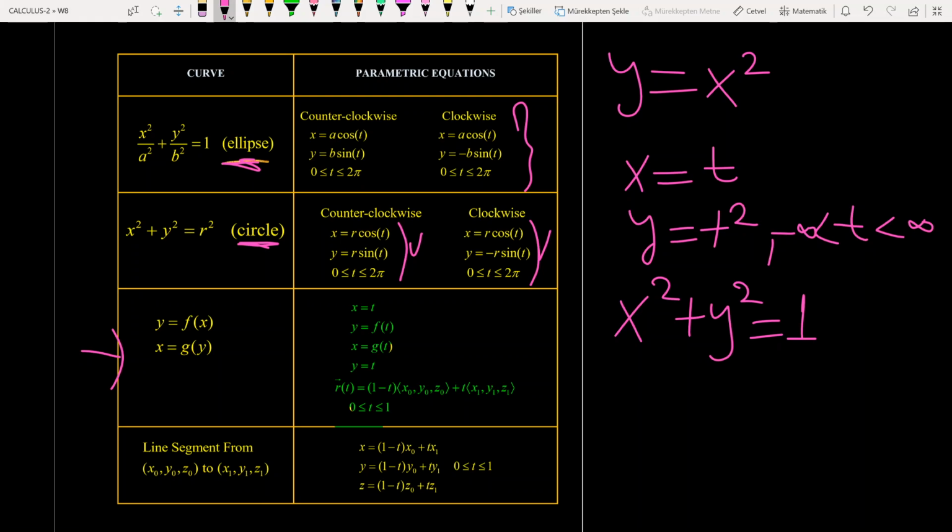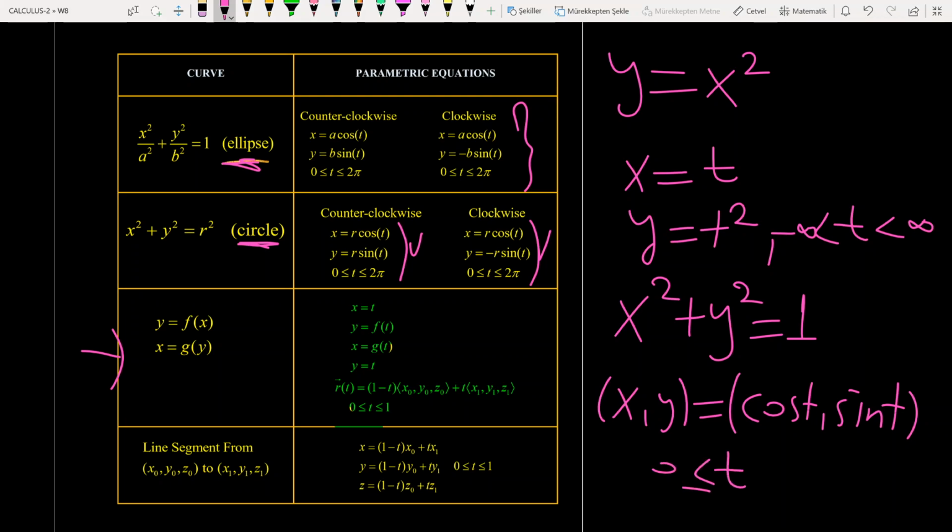This equation can be parameterized as follows: (x, y) is equal to (cosine t, sine t), and the important part is the interval of t, which is between 0 and 2 pi. Okay?